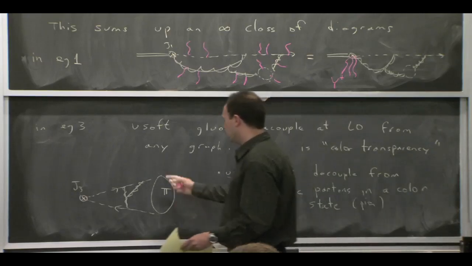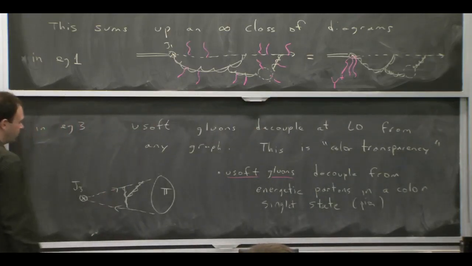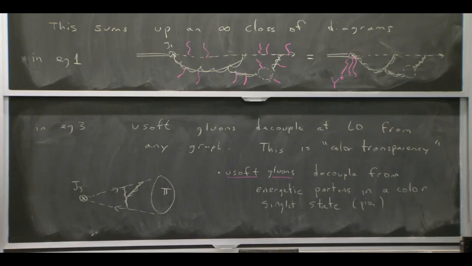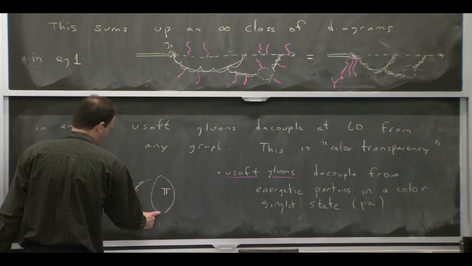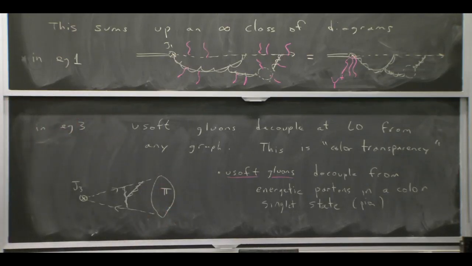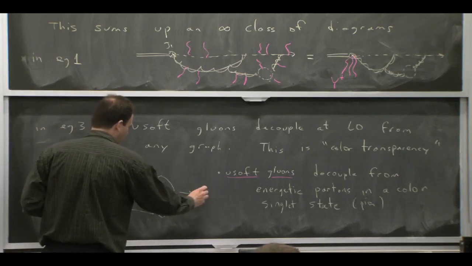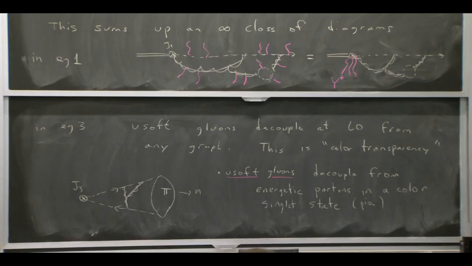Here we're producing a color-neutral pion out of color-contracted collinear quark fields. And there are these Wilson lines, for reasons we'll discuss in a minute. But the reason that the Wilson lines are canceling is because the collinear things were already contracted. All the collinear things in the n direction were contracted in a global color singlet.